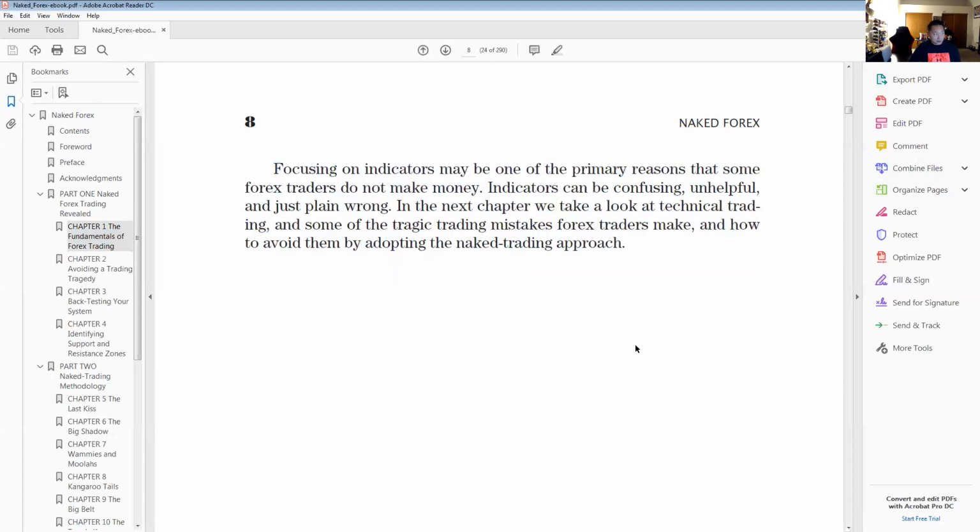This is a free PDF file. Like I said, I only read the first 4 chapters. And like I said, the most important thing is this. I don't care how many books you read. I don't care how many chapters you read. I don't care if you skim through this book.